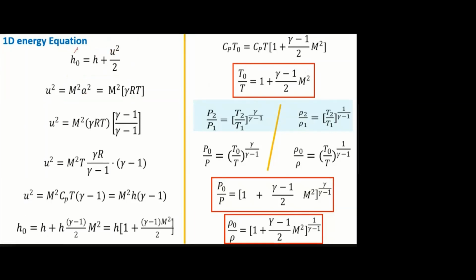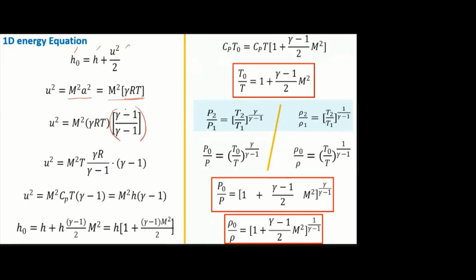So that a term I'm writing as square root of gamma R T. So instead of velocity, I am taking the Mach number and speed of sound, and the speed of sound term also I don't want, so I'm writing that as gamma R T. Then I cannot further modify this equation, because I don't want this R T also. So to convert that, I'm including another term, gamma minus 1 divided by gamma minus 1.